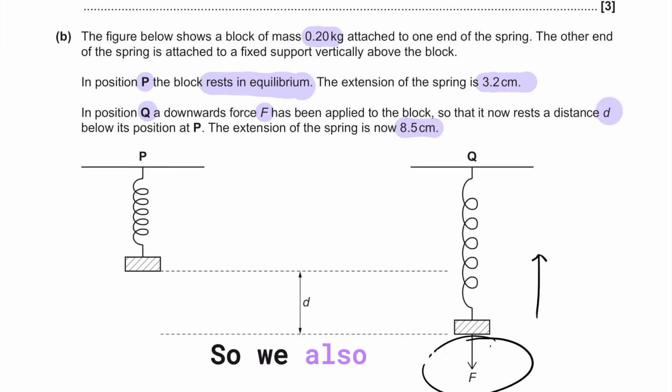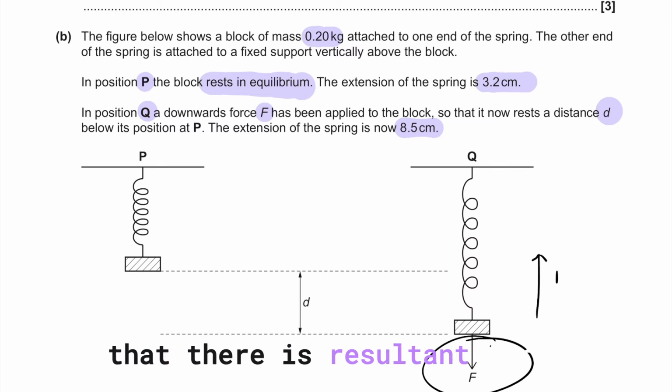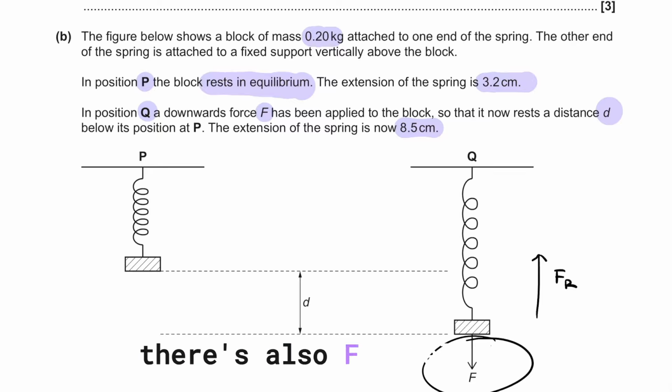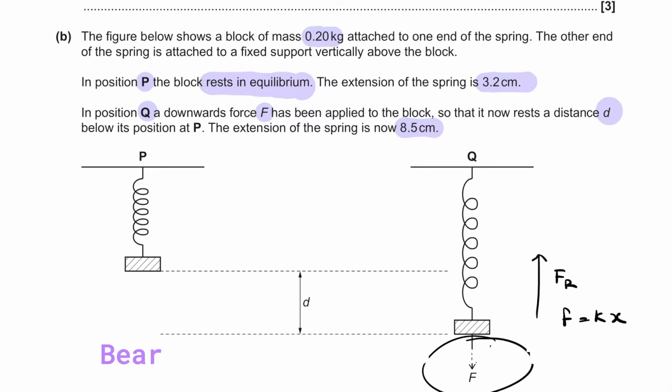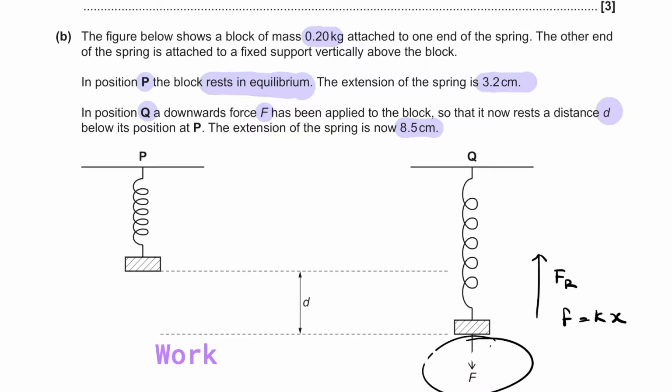So we also know that there is extension or compression in this case. Okay, so we know, first of all, that there is a resultant force acting in this direction. And there's also F equals kx. Bear in mind that you have to work out the extension.